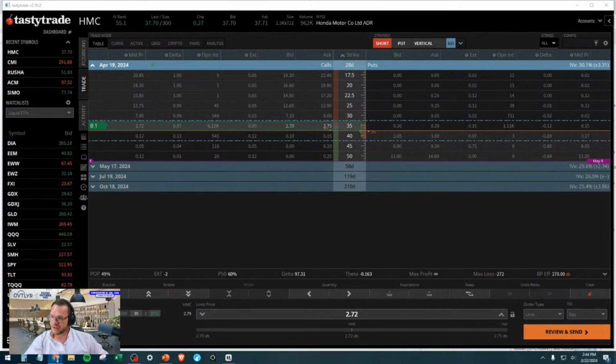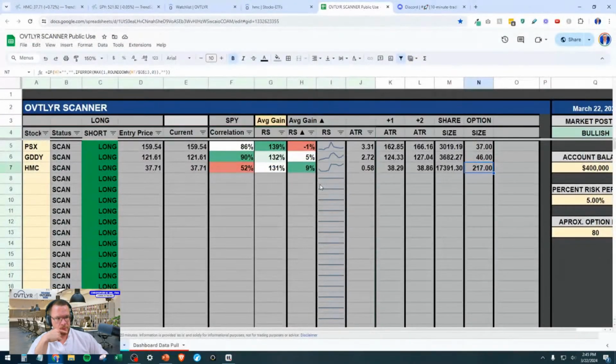Get the right position size. Hang on. That's weird. It's working better over here than it is over there. Google Finance is giving me errors on my other screen. Okay, either way.